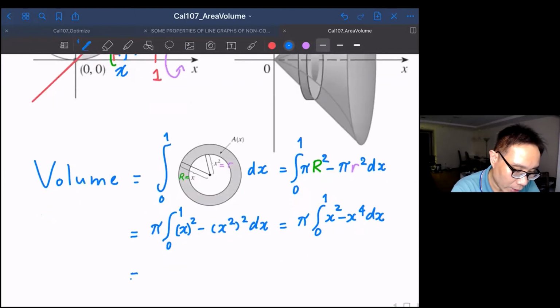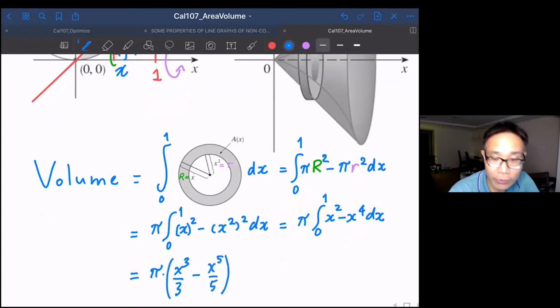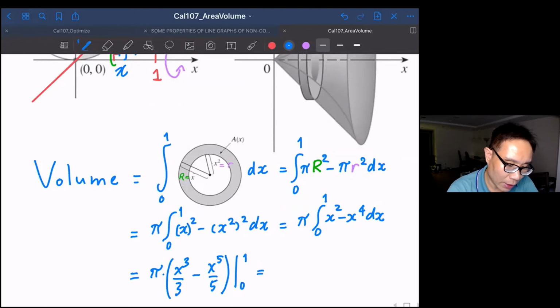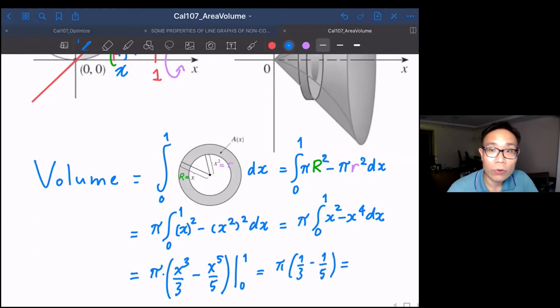So you get pi, and you integrate x squared to get x cubed over 3, and you integrate x to the fourth to get x to the fifth over 5, from 0 up to 1. And you're going to have pi times (1/3 minus 1/5), so it's going to be 2/15 pi.